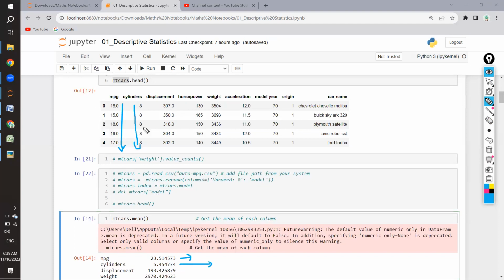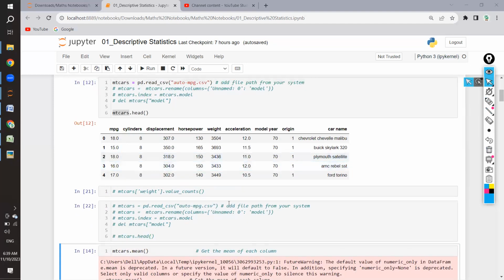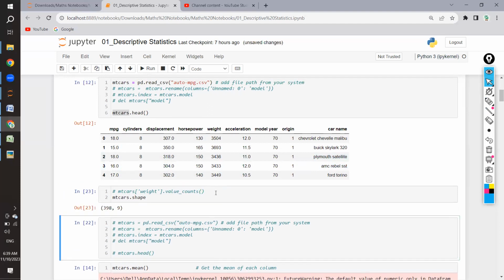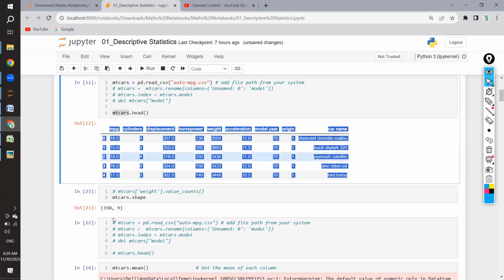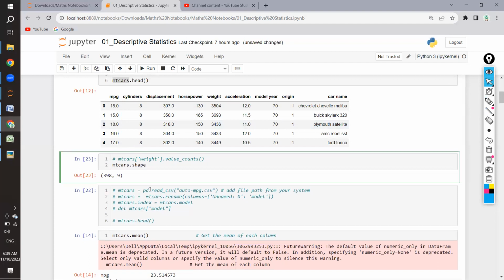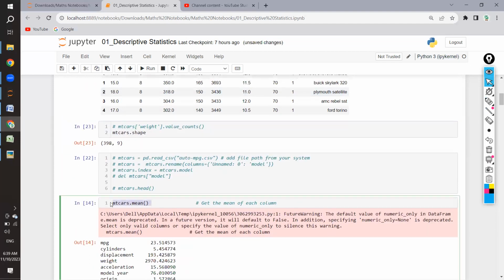It has not only 5 rows; if you check mt_cars.shape, it has a total of 9 columns and 398 rows. The 398 values of mpg, if you sum them and divide by 398, you will get the mean. So to get the mean of each column, you simply do mt_cars.mean().